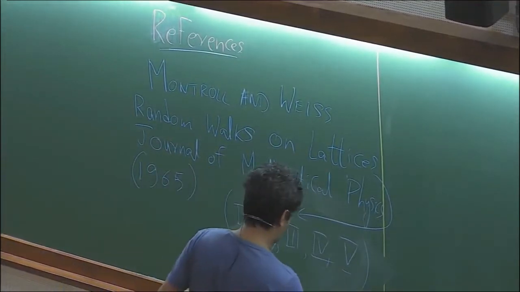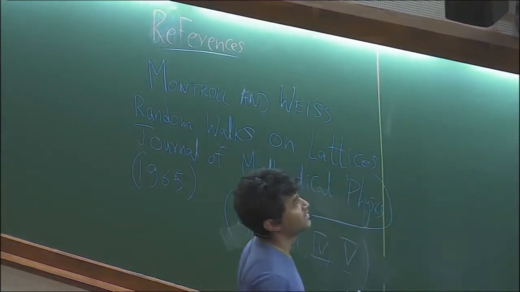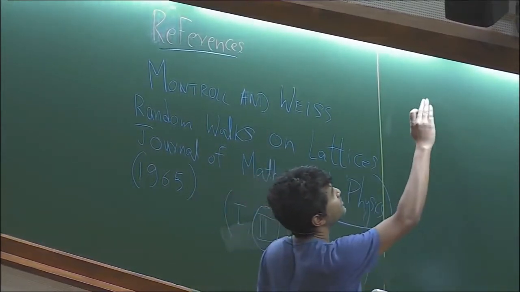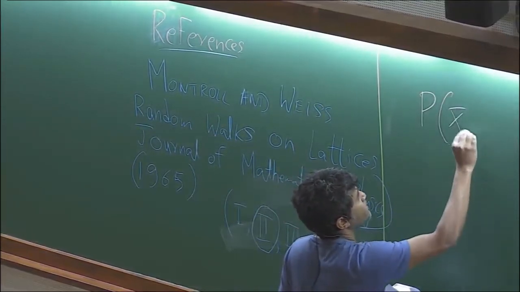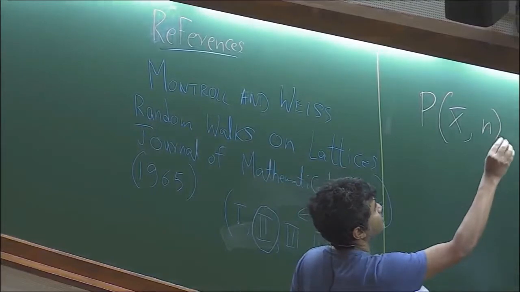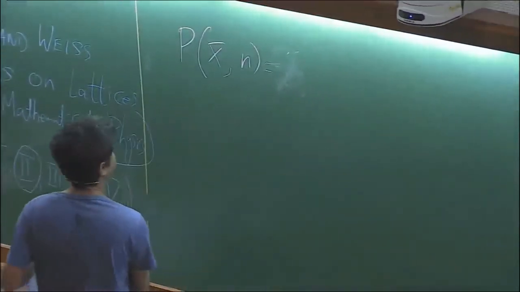Okay, so some people were a bit confused about this mean number of visits and first passage, so I'll just review what I said. One of the objects we have is this probability.